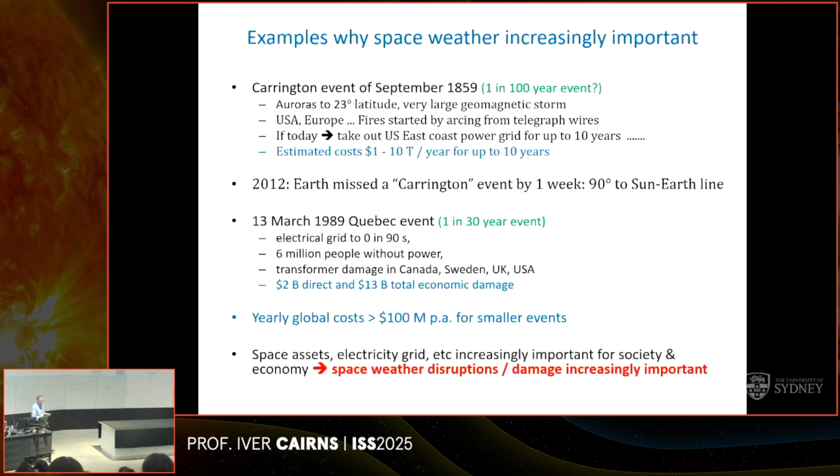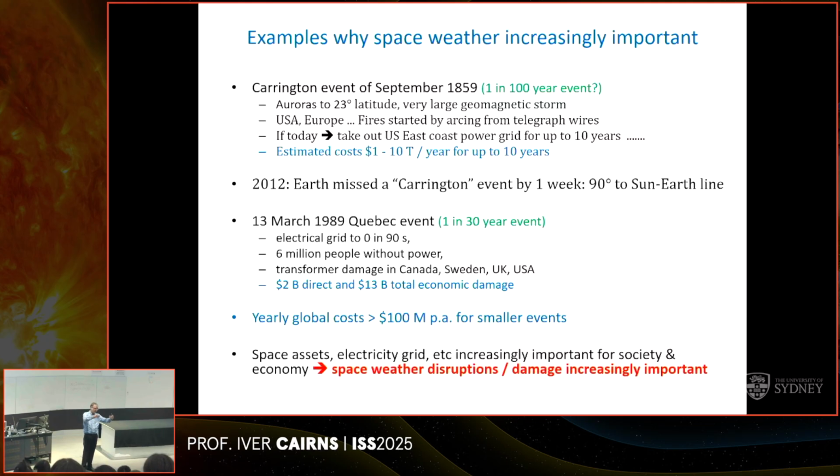So why is space weather important? Here are two or three examples. I talked about them a very little bit yesterday, but the so-called Carrington event of 1859, as I said, in that case, there were no electrical power lines, but there were telegraph wires, which were long, and the change in magnetic field with time induced large electric fields, large currents.